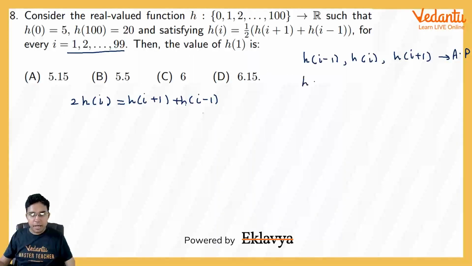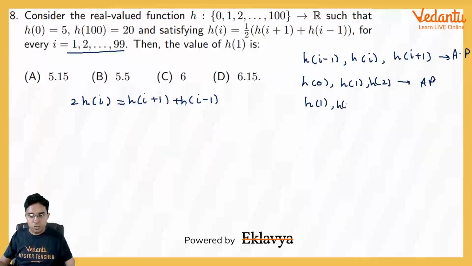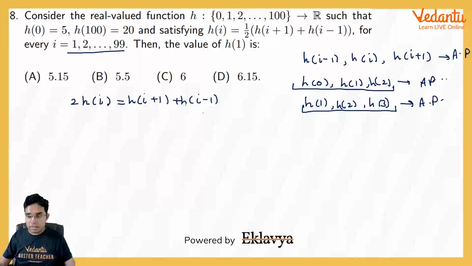That means h0, h1, h2 are in AP. Okay, and likewise h1, h2 and h3 are also in AP. Now what I am trying to tell you, you may think that these two APs may have different common differences, because this is one AP, this is the other AP, but the common difference of the first one is h2 minus h1, and the same is the common difference for this AP also.